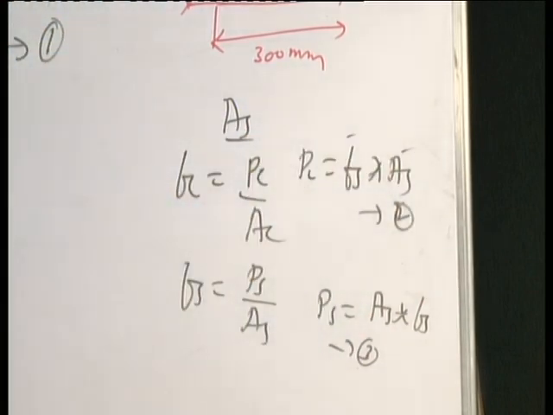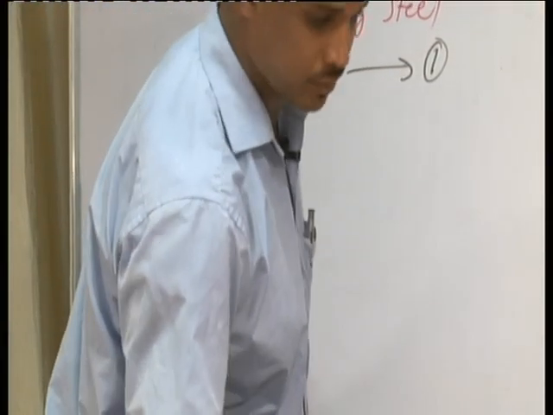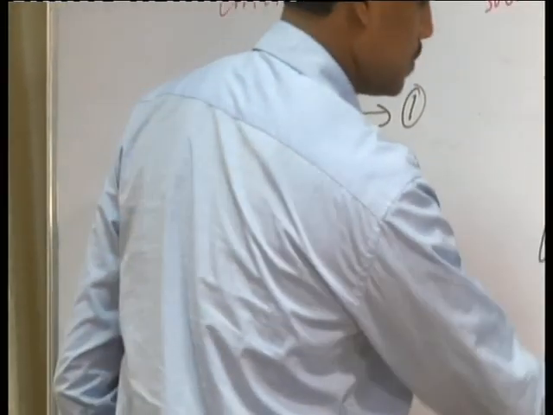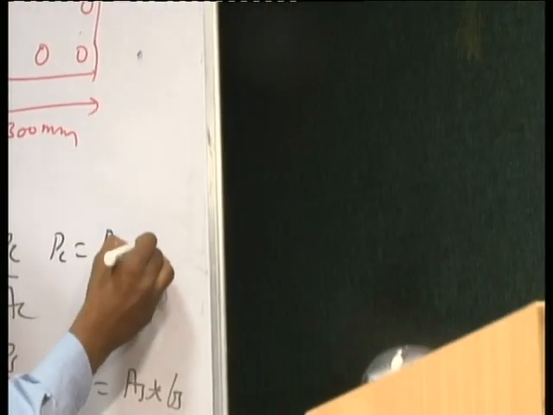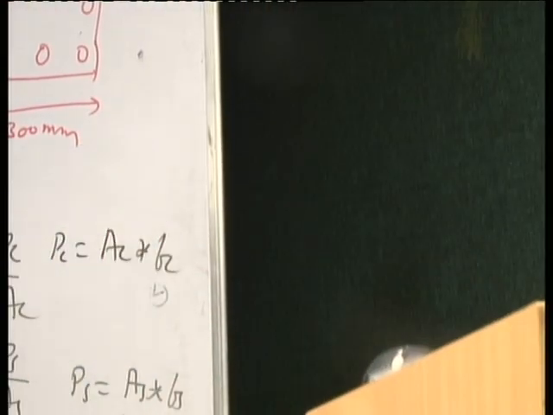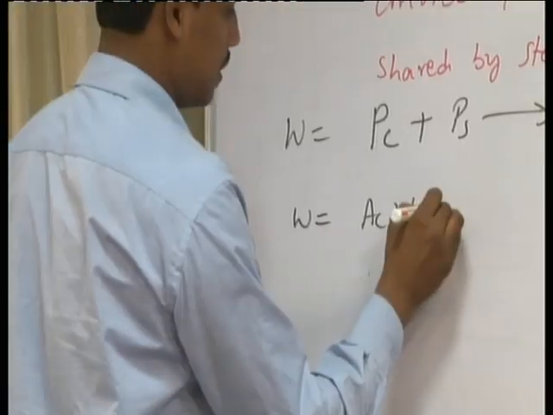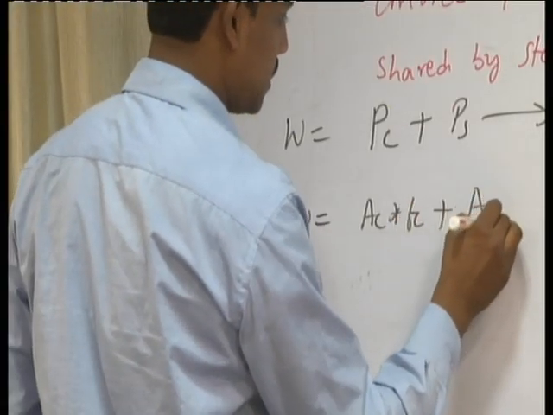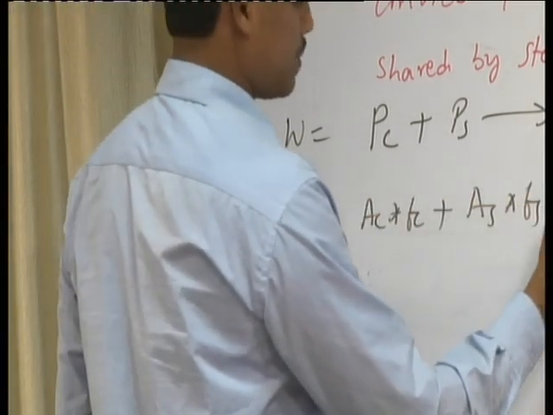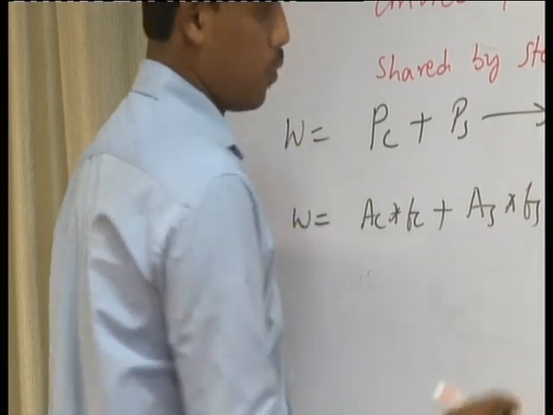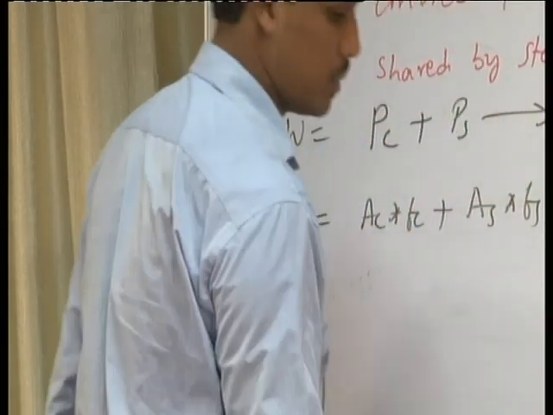So W is equal to AC into FC plus AS into Fs. We can call this expression number 4.